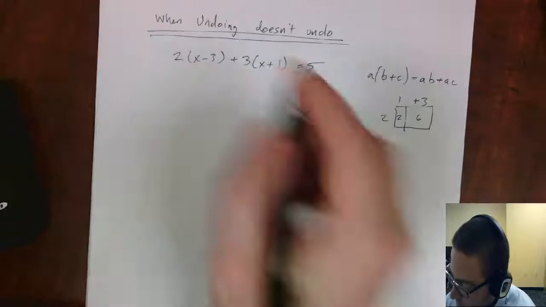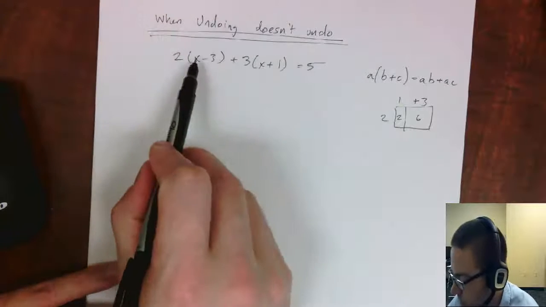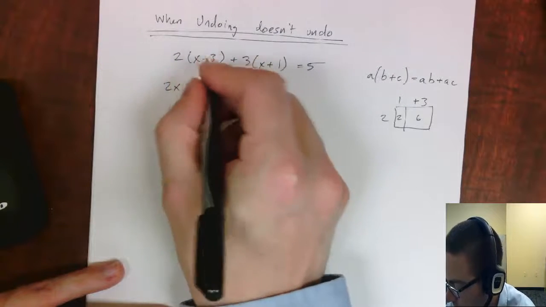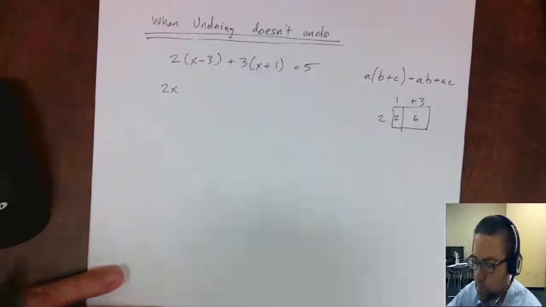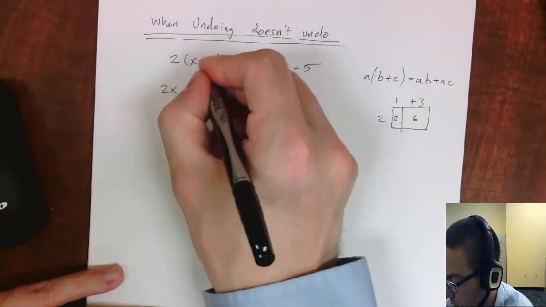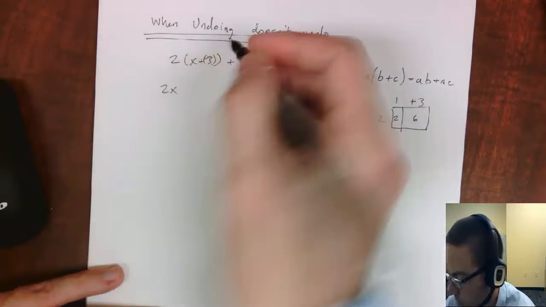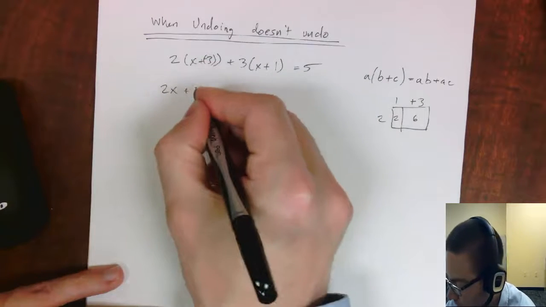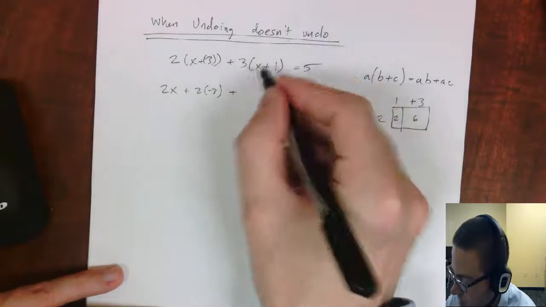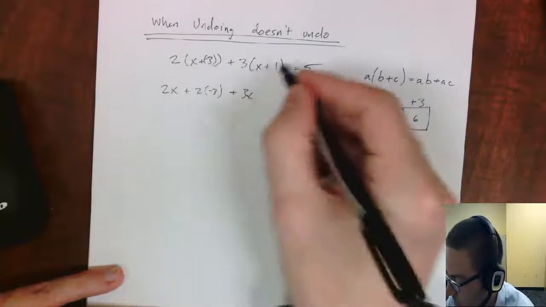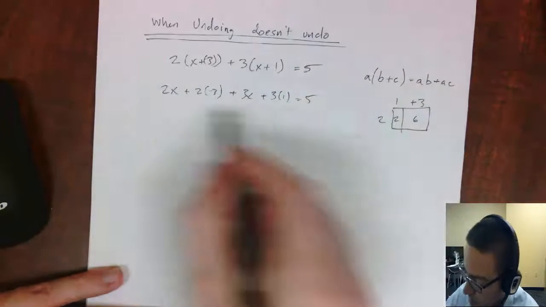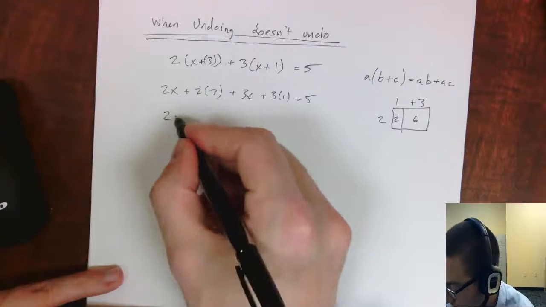Okay, so let's do that here. So we're going to have 2 times x minus, now I don't like subtraction, so I'm going to use the definition of subtraction to turn that into addition. So it's plus the opposite of 3, which is negative 3. So 2 times negative 3 plus 3 times x plus 3 times 1 equals 5. And then I'll just simplify these.